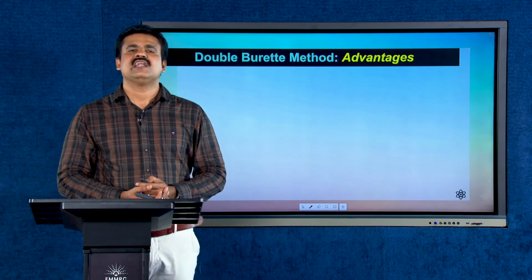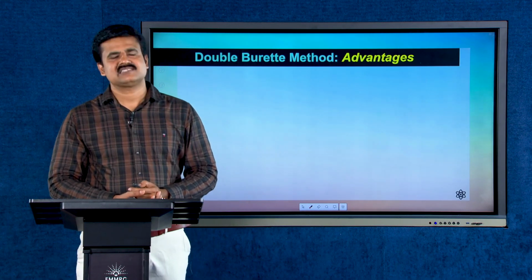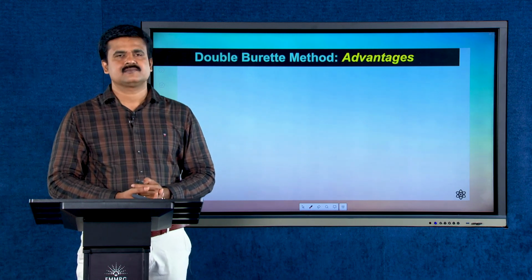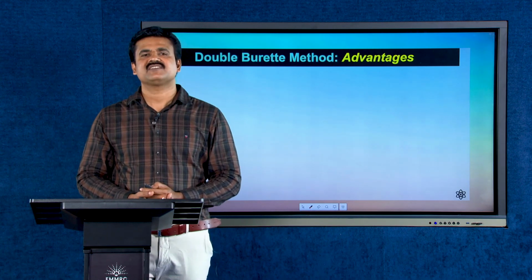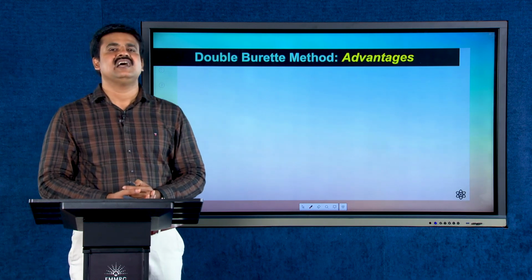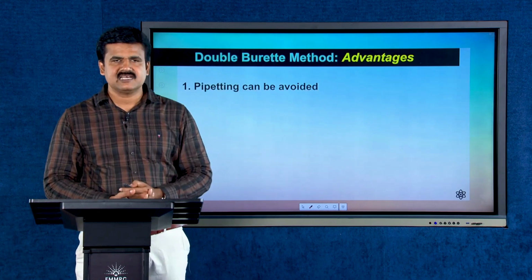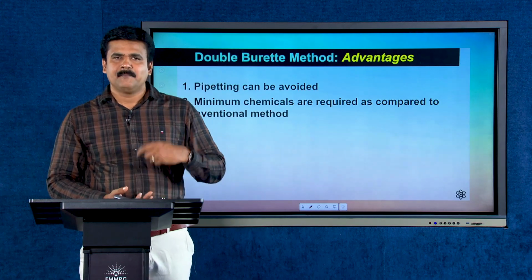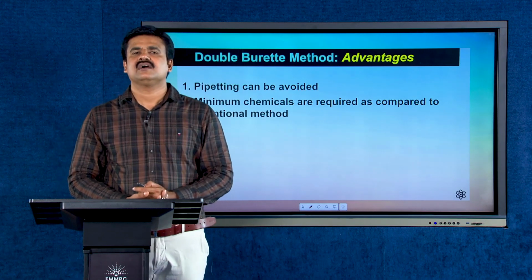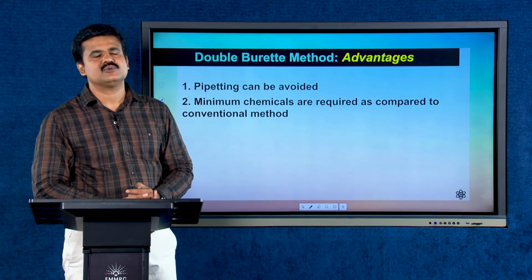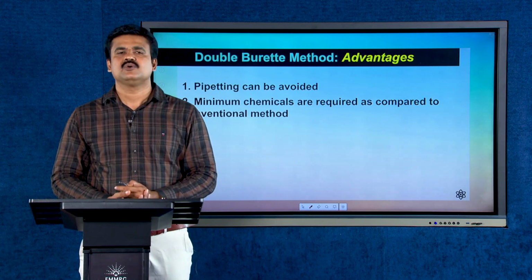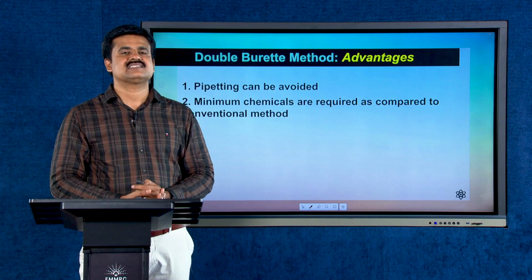So, the double burette method utilizes 2 burettes and no pipettes, and it has several advantages. First, pipetting can be avoided. Minimum chemicals are required as compared to the conventional method because we are not repeating the titration, so chemical consumption is minimum.